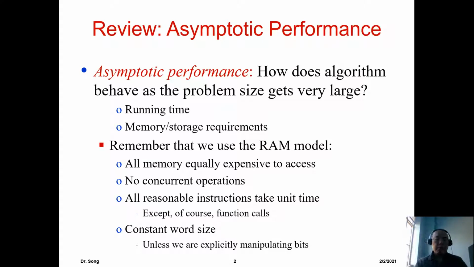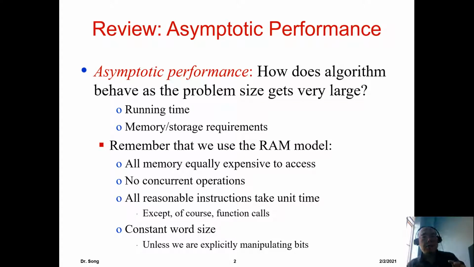For example, all memories are equally expensive. That's not true. If you took a computer architecture or operating system course, you may know there is also a memory called cache, and the cache is smaller and faster than our main memory.